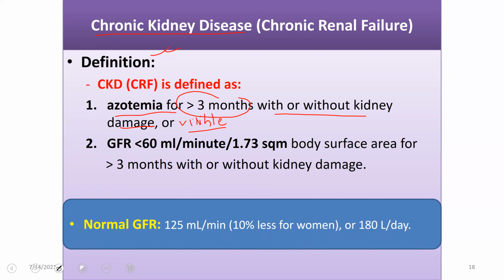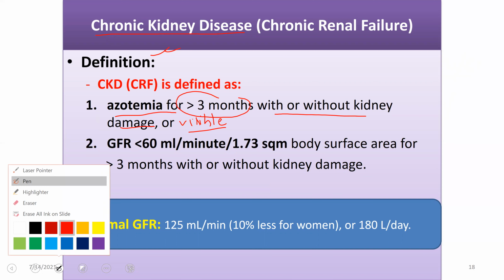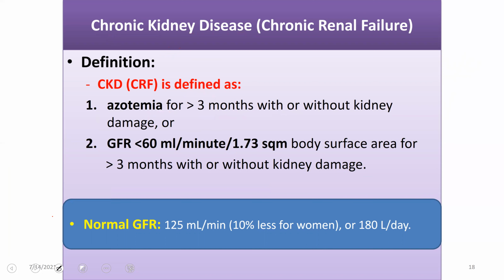So how do we define chronic kidney disease? It is defined as azotemia which lasts for more than 3 months, and there might or might not be any visible kidney damage. Or it can also be defined by the next criterion: there should be a decrease in the GFR such that the GFR is less than 60 ml per minute in a standard person having a body surface area of about 1.73 square meter.